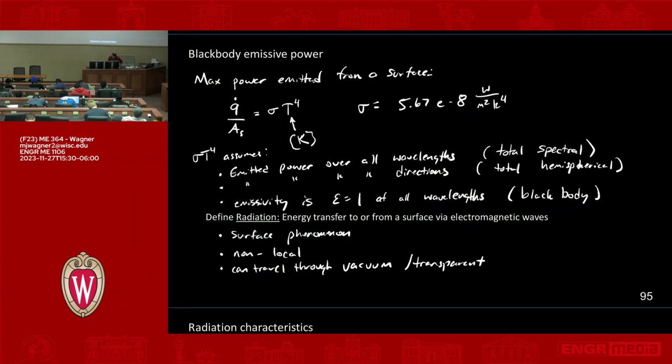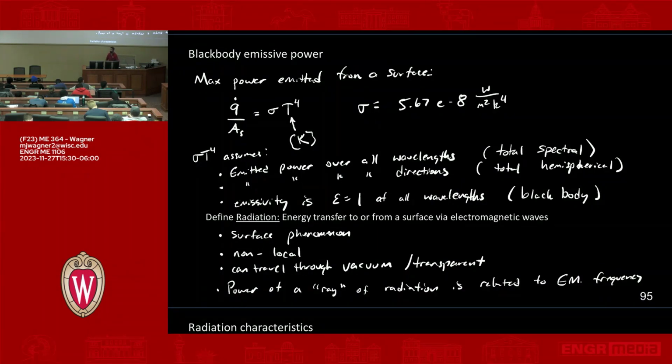And then the last thing is that the power of a ray, we'll put that in quotes, a ray of radiation is related to the electromagnetic EM frequency. Okay? Higher frequency, more power.